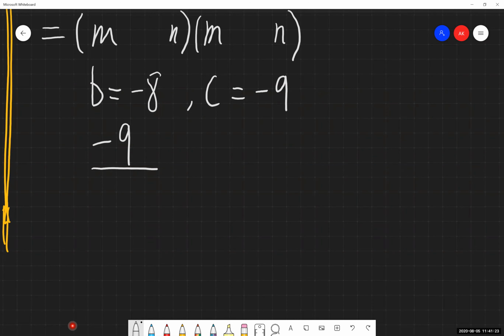Again, you don't need to type anything into the chat. Just do this on your own. Okay, and we should be getting 1 times 9 and 3 times 3. It's the only factor pairs that we have.